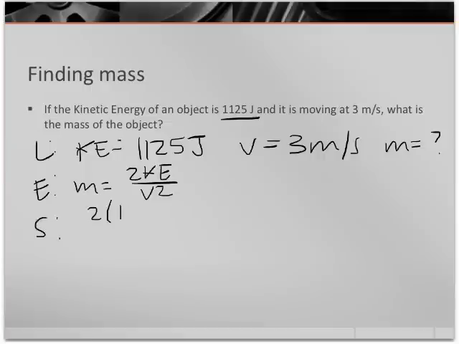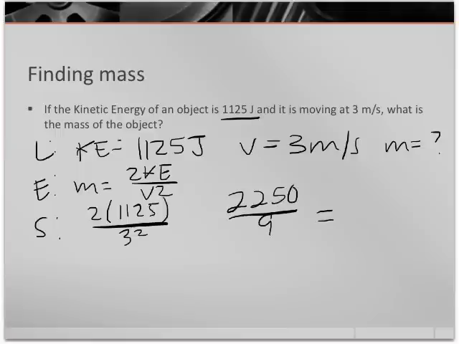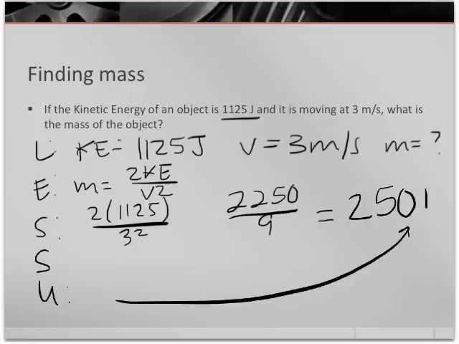We're going to have 2 times 1125 divided by 3 squared, which is the same thing as 2,250 divided by 9, which is equal to 250. And your units, since you're solving for mass, are going to be kilograms.